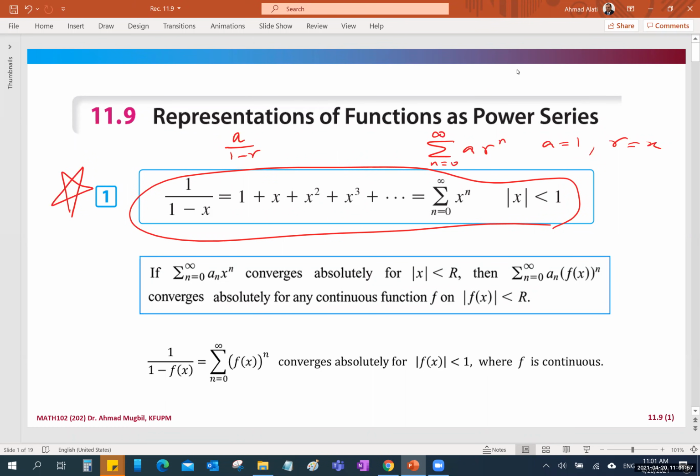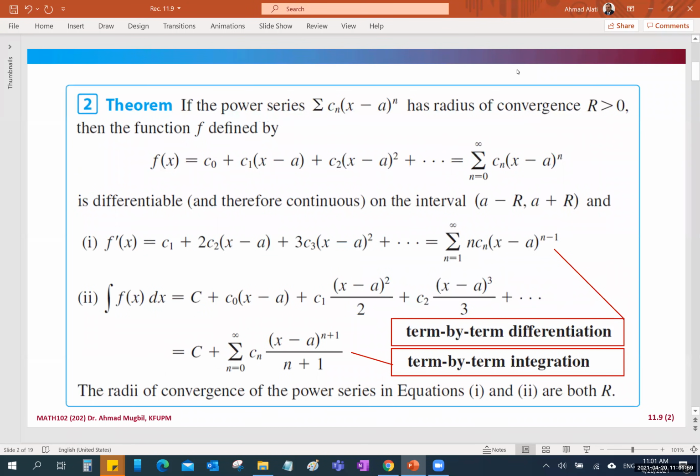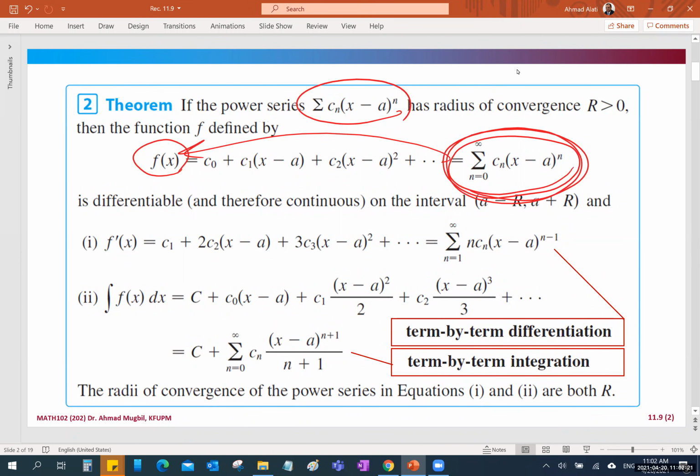The second part of the section was about integration and differentiation term by term. If you have a power series represented by this function, indeed this function is representing the sum of this power series. Therefore the domain of this function is the interval of convergence.